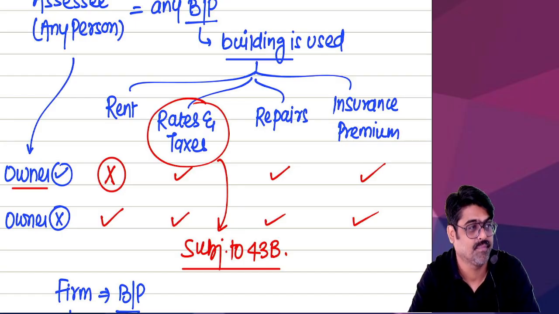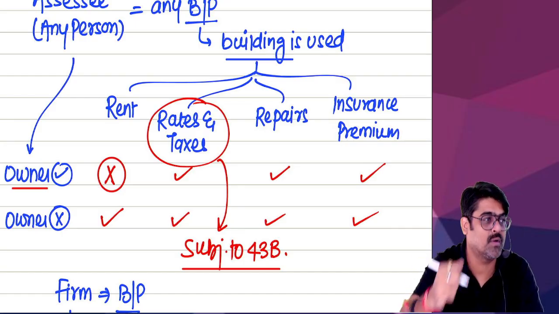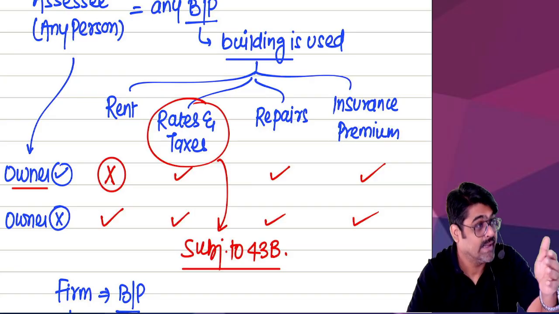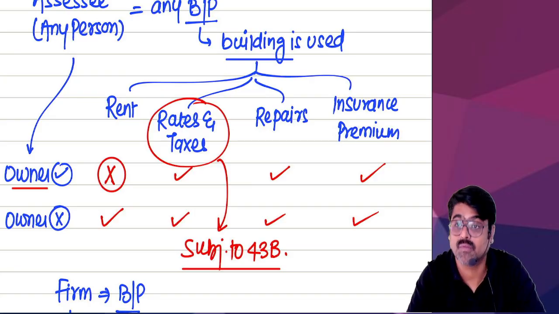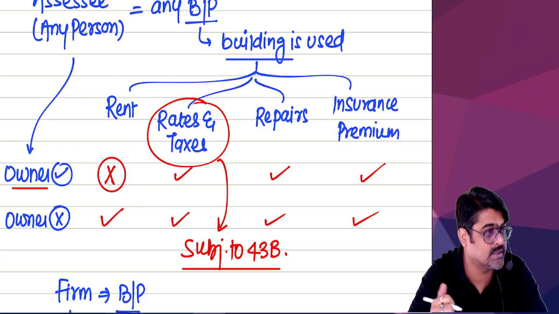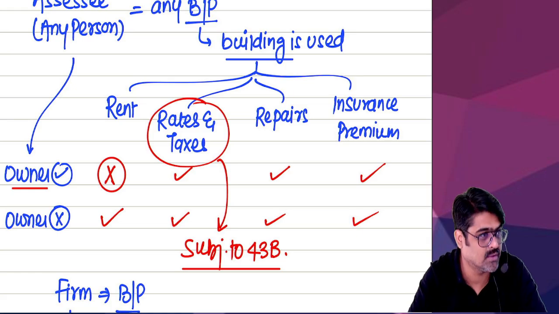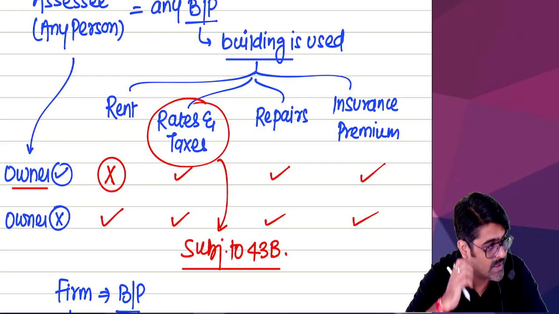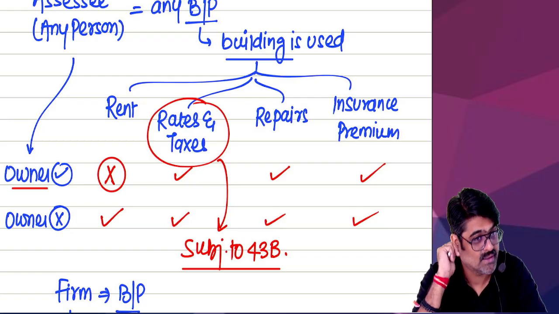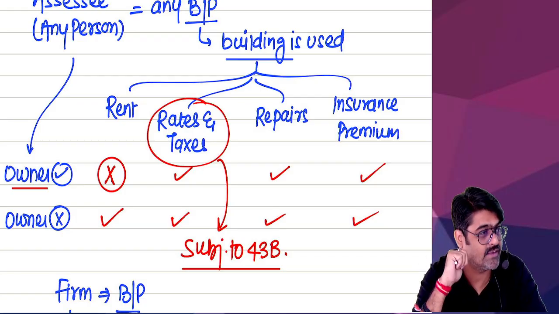I am constructing one more floor, or I am extending: cost of alterations, cost of additions, cost of extension, all these costs which I am incurring on my building. Because of that, the area, the capacity, the value of my building is increasing.